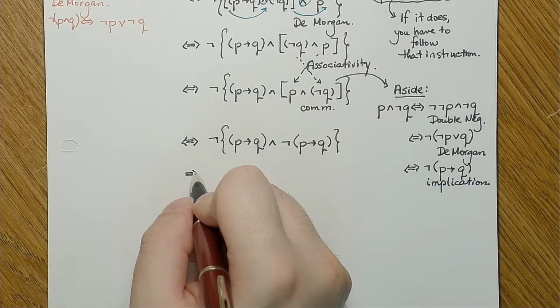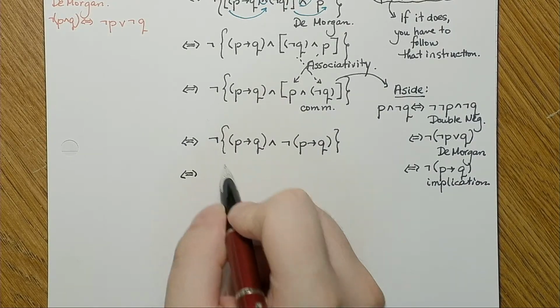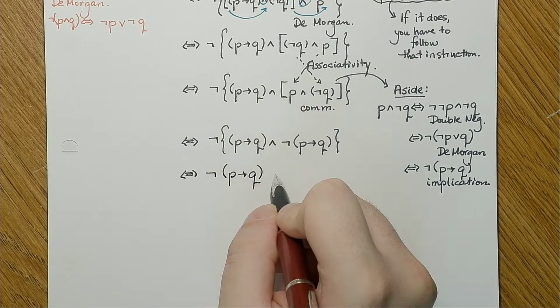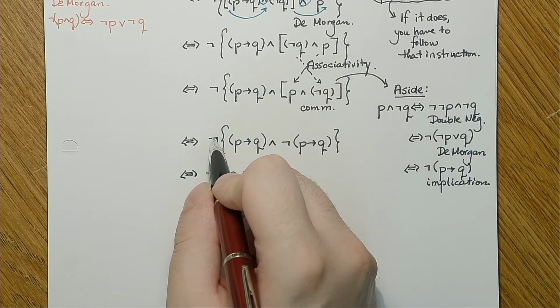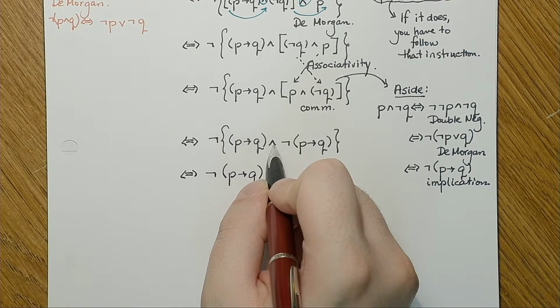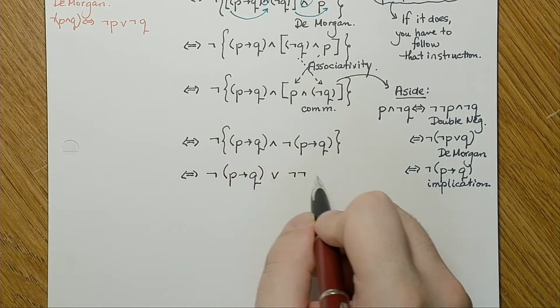But we don't have a rule like that yet. So what we'll do is we'll distribute this negation. So I get not P or Q.